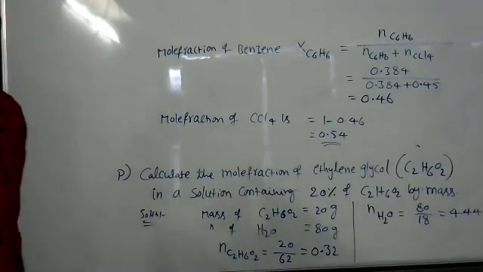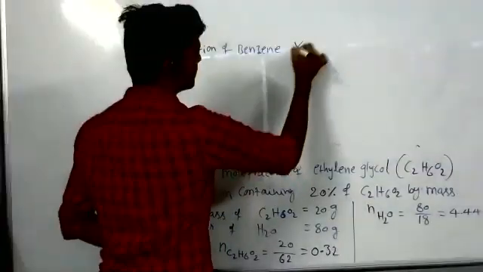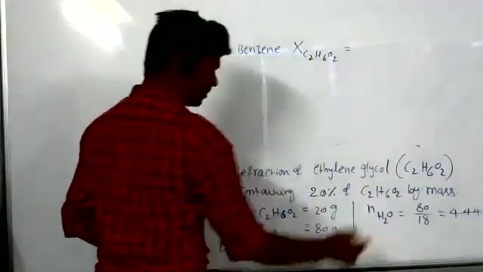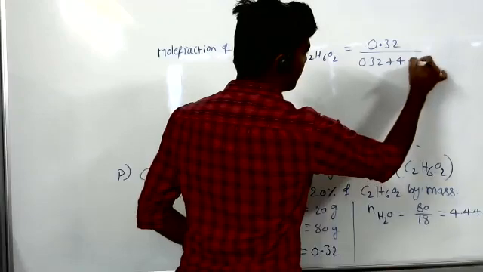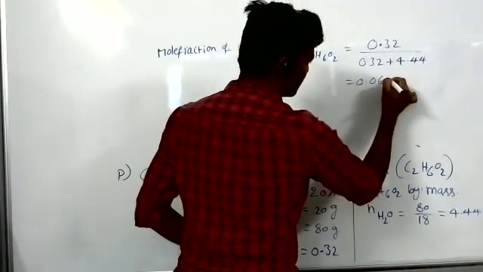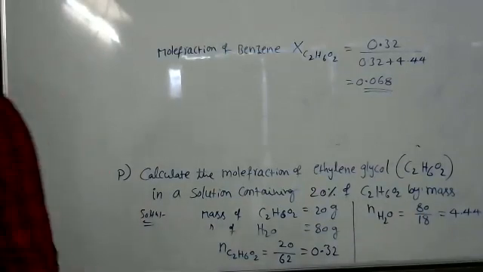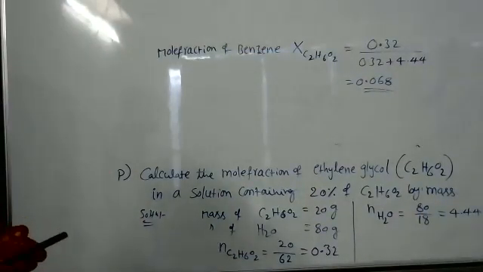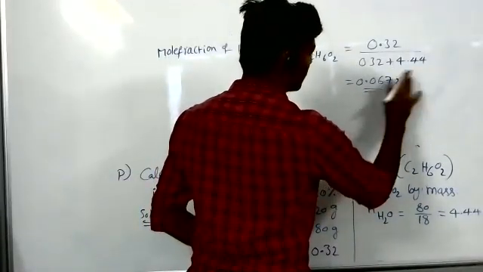Next step, mole fraction of ethylene glycol, X C2H6O2 equal to 0.32 divided by 0.32 plus 4.44. It gives 0.067, approximately 0.0672, so 0.067.